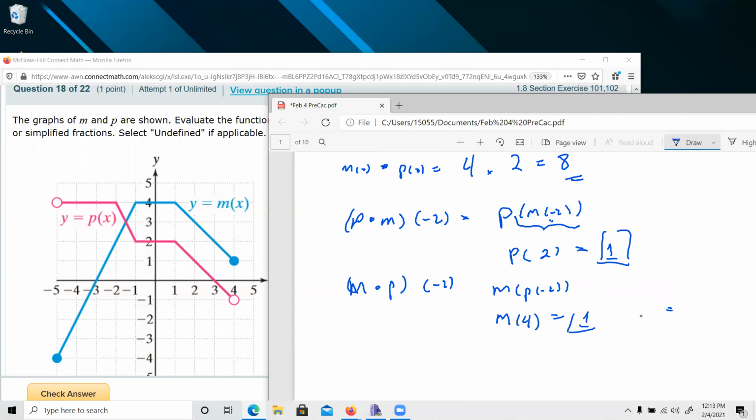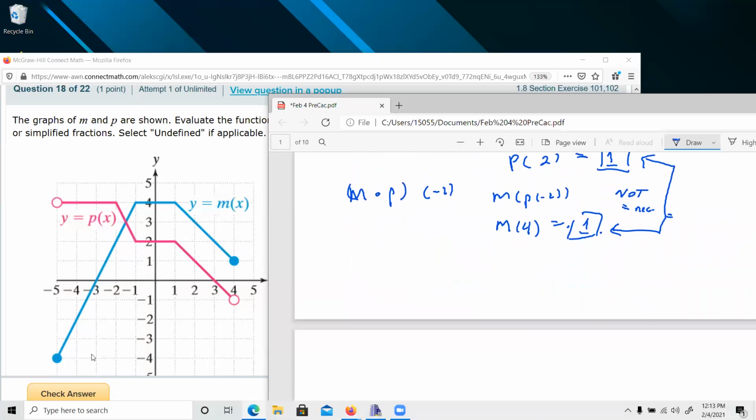So in this case it was the same, but do not mistake it, it's a coincidence. They are not going to be equal necessarily. The fact that we get that is a coincidence, that's fine. It's a pretty simple function, but that is not necessarily the case.